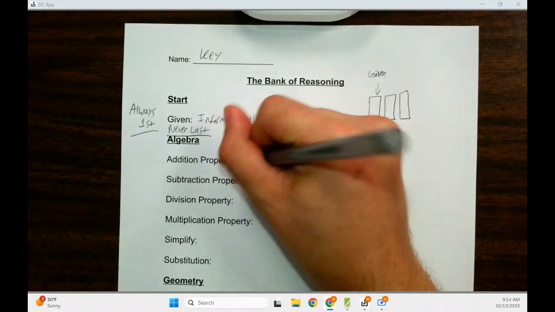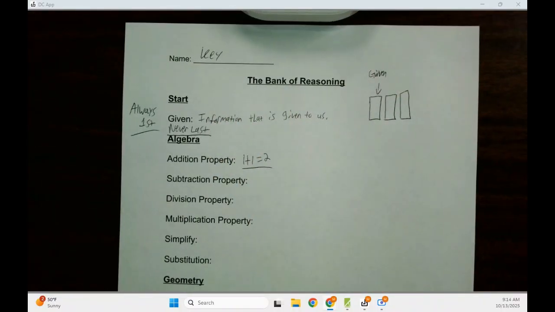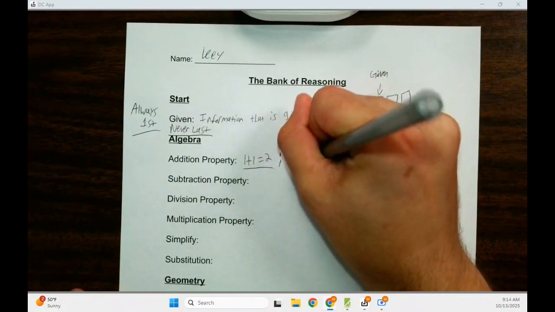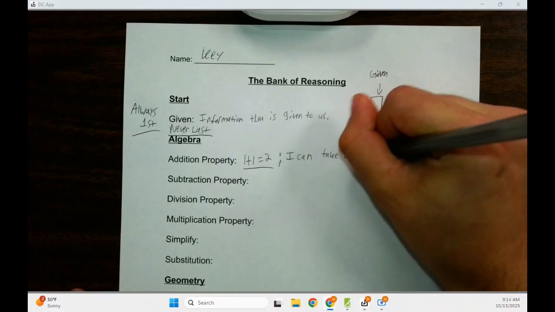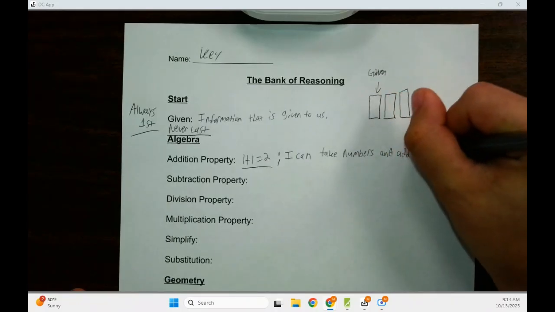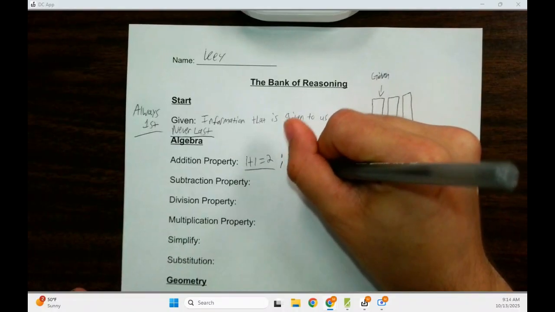Addition property, 1 plus 1 equals 2. Or another way to say that, I can take numbers and add them together.